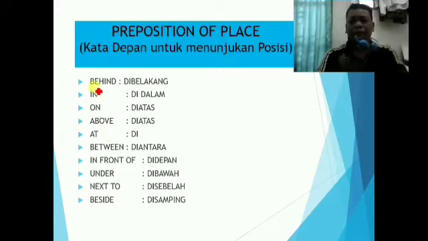We start from behind, in, on, above, at, between, in front of, under, next to, and beside. Behind means di belakang, in di dalam, on di atas, above di atas, at di, between di antara, in front of di depan, under di bawah, next to di sebelah, and beside di samping.